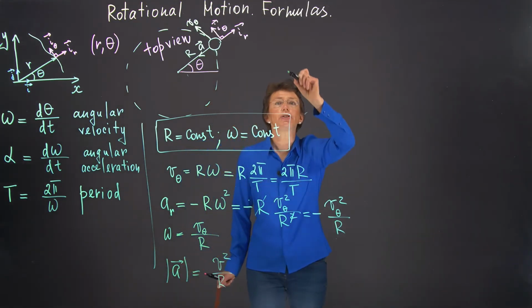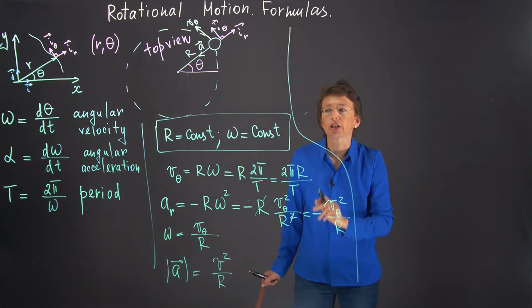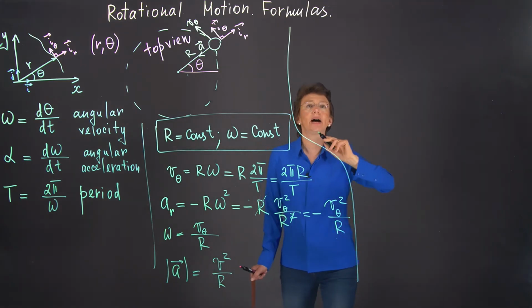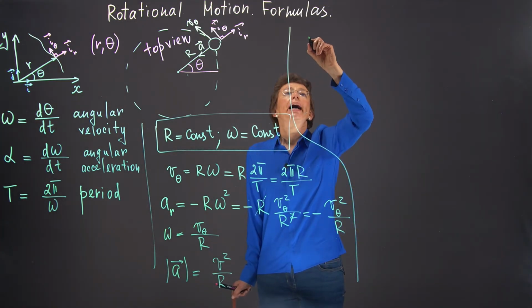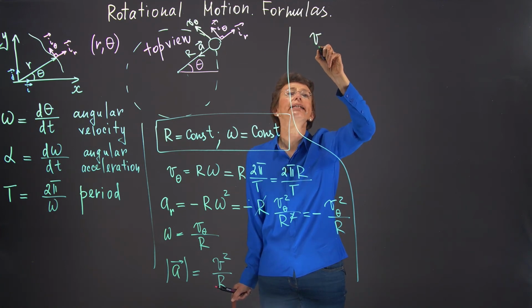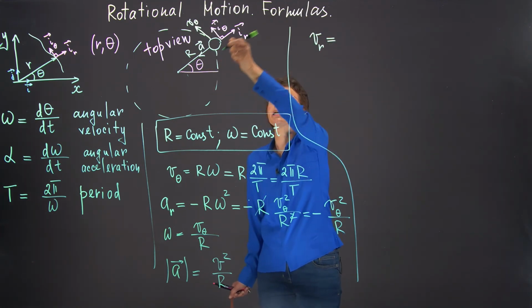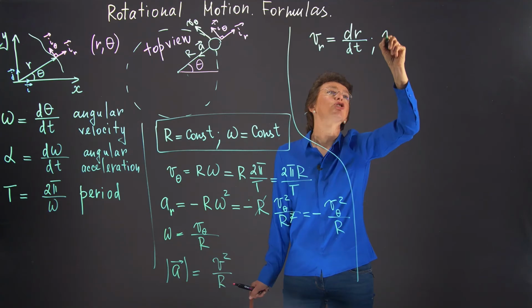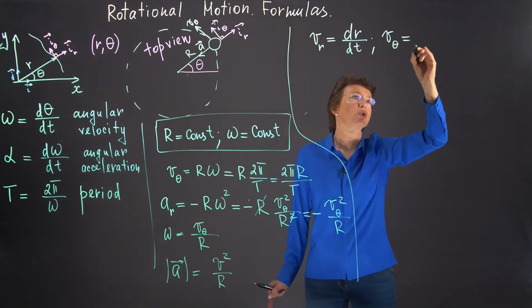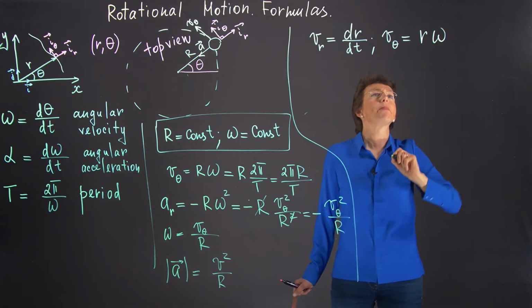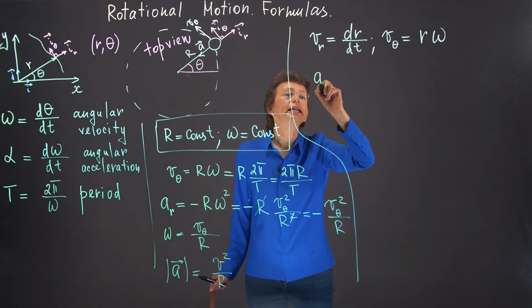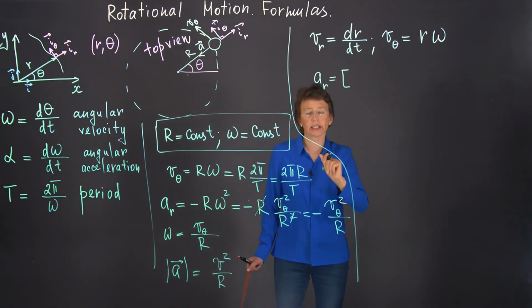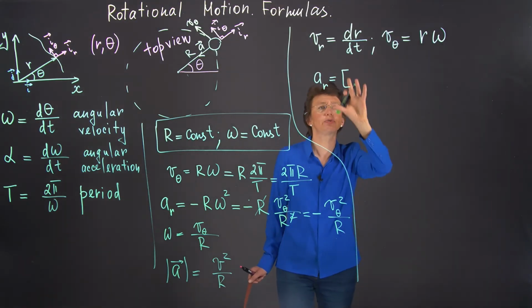So in the previous unit, we derived the general formulas on velocity and acceleration in polar coordinates, and I will write them here. So in general case, I have radial component of velocity, v sub r, as dr dt. And my tangential component of linear velocity is r omega. My radial component of acceleration is described by quite long formula, but I will write it here, and I hope that you will have these formulas in front of you.